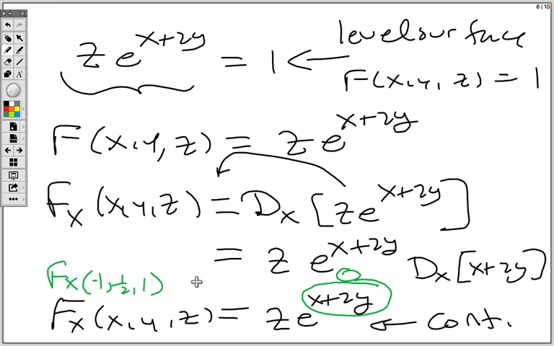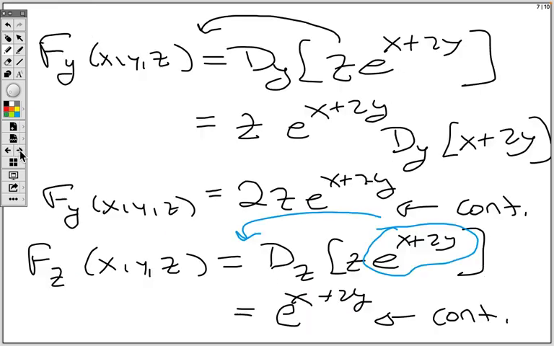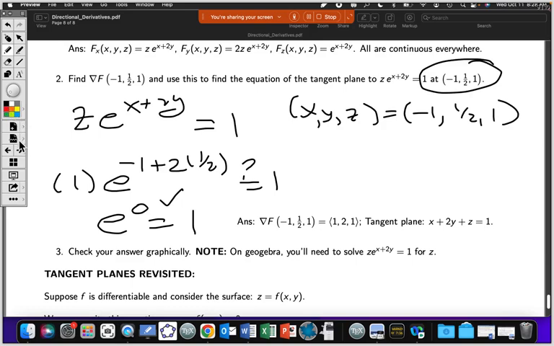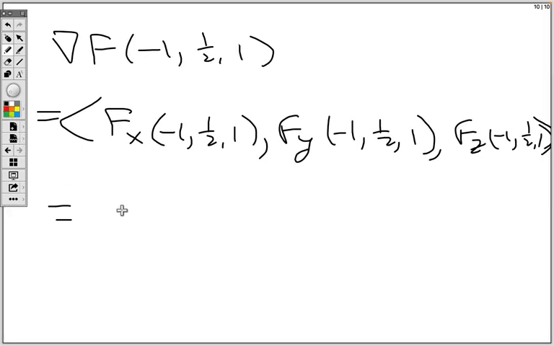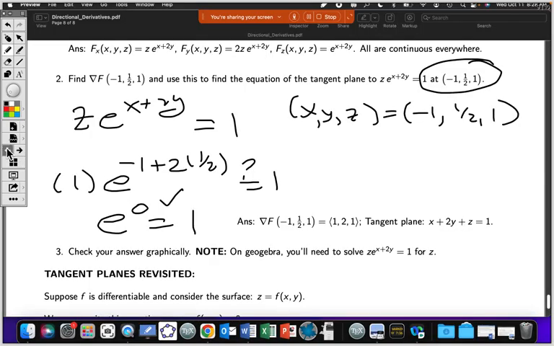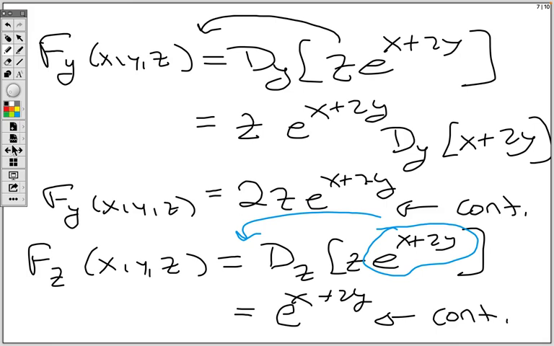I plug in z is 1. So fx is going to be 1. Now let's look at fy. So once again here, if I plug in negative 1, 1/2, 1, the exponent's going to be 0 again.